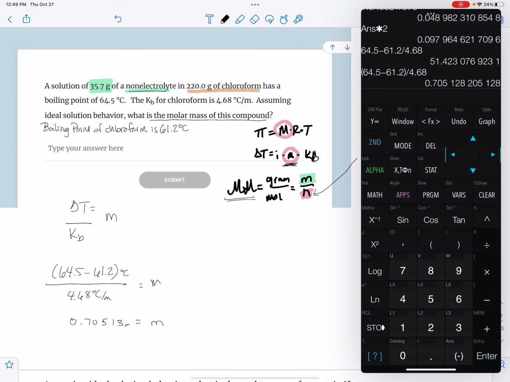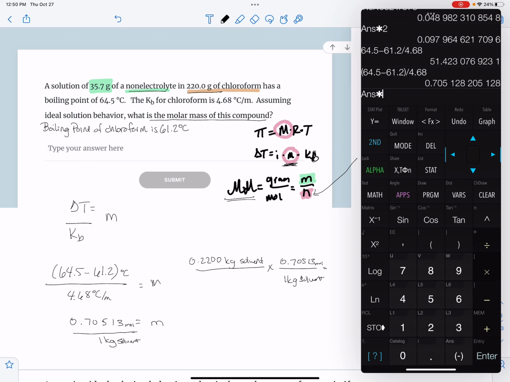Again, remember that I can always rewrite that as moles over an assumed 1 kilogram of solvent. Now I just need to take that term and multiply it times my 0.2200 kilograms of solvent, and that is going to just give me my moles.